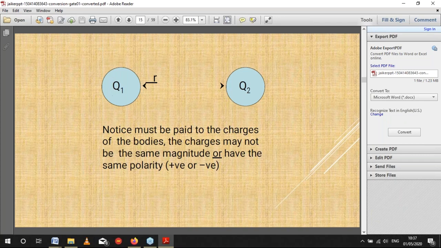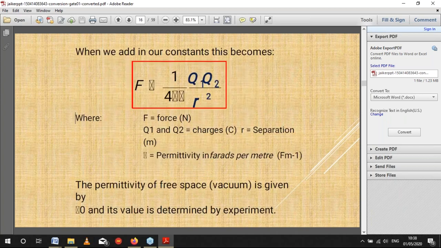But when we add in a constant, going through the formula, F, which is the force, is equal to the constant 1 over 4 pi epsilon, multiplied by Q1 Q2 all over r squared.